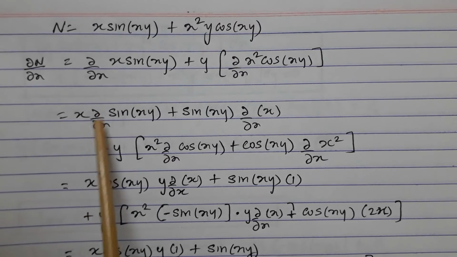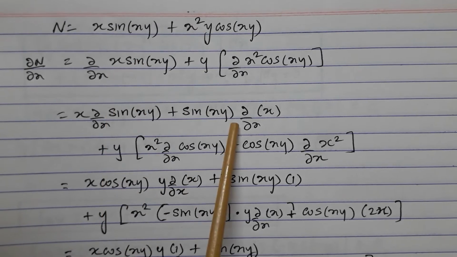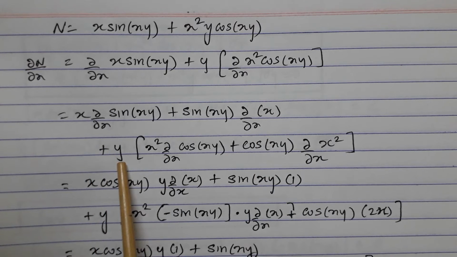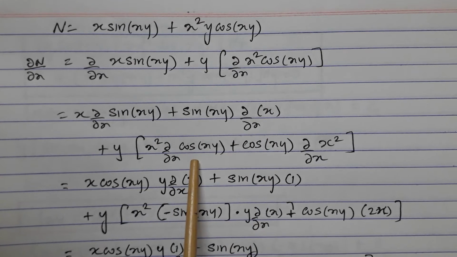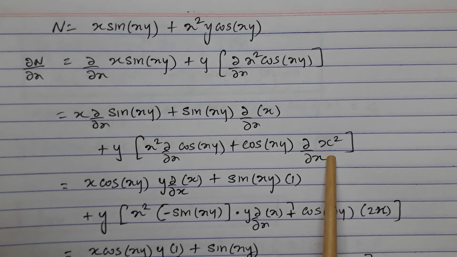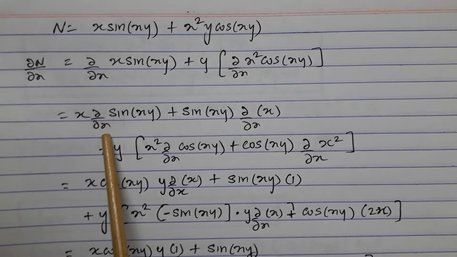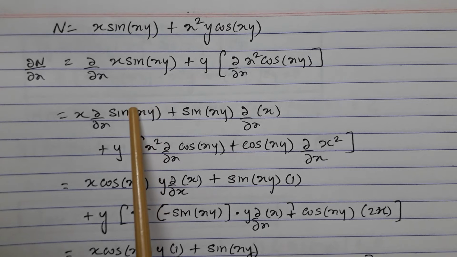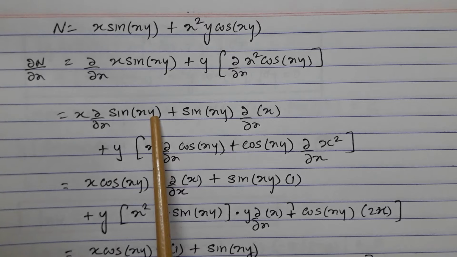So we'll have to differentiate this using the product rule. So this would be x ∂/∂x of sin xy + sin xy ∂/∂x of x, plus, keeping y outside as a constant, we'll have x² ∂/∂x of cos xy + cos xy ∂/∂x of x². Now, this would be x, ∂/∂x of sin xy would be cos xy into the partial derivative of xy with respect to x, but keeping y as a constant.